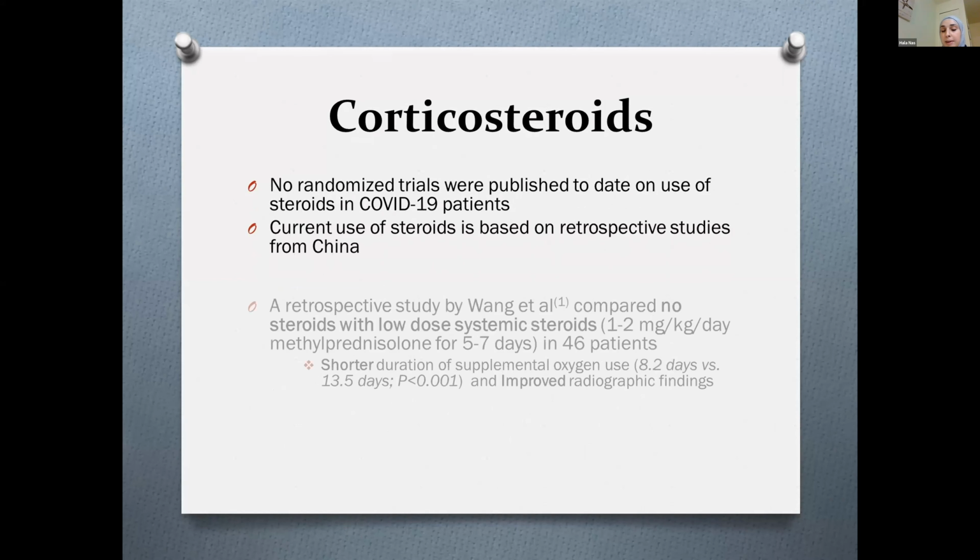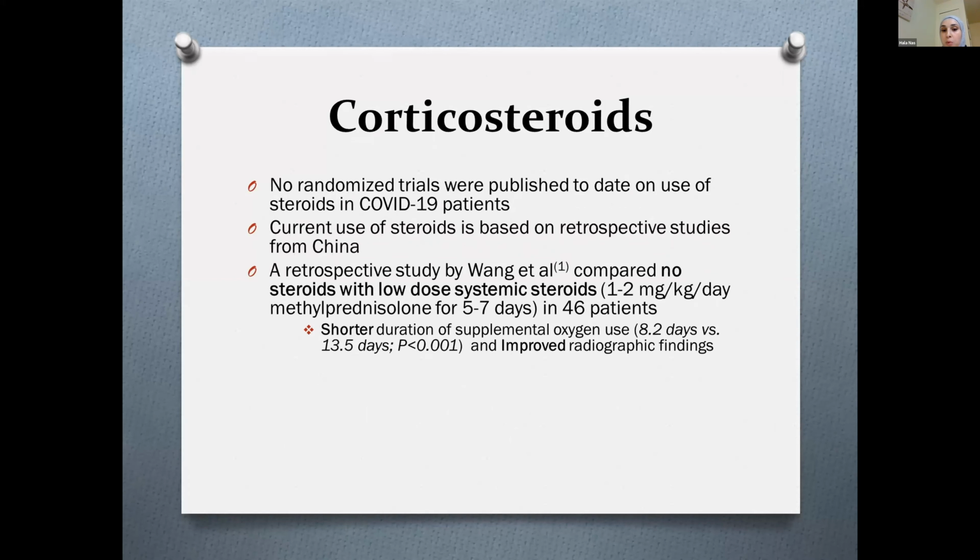The first one I stumbled upon was by Wang et al. It compared no steroids with low dose systemic steroids, 1 to 2 milligrams per kilogram per day of methylprednisolone for a short period of time, 5 to 7 days, in 46 patients. 26 got steroids along with the other standard of care versus 20 patients who didn't get steroids.